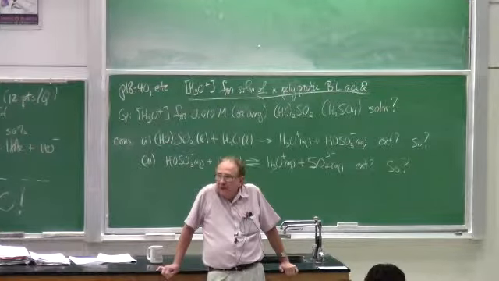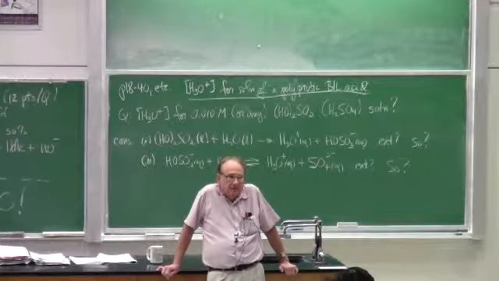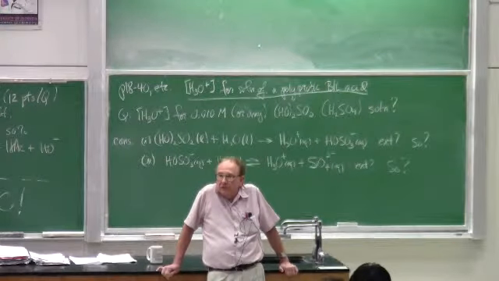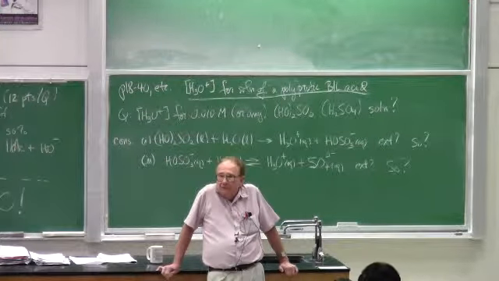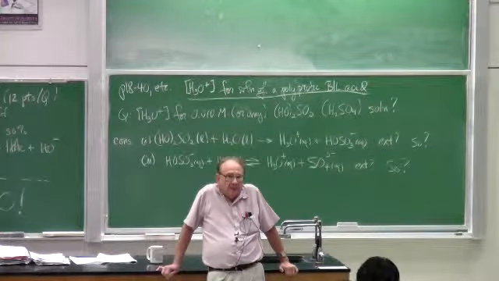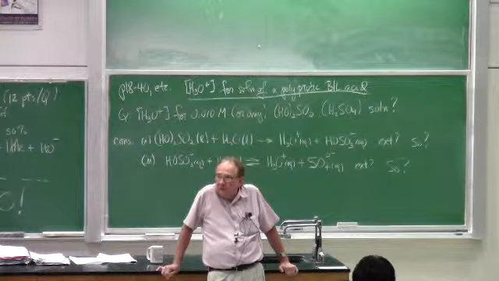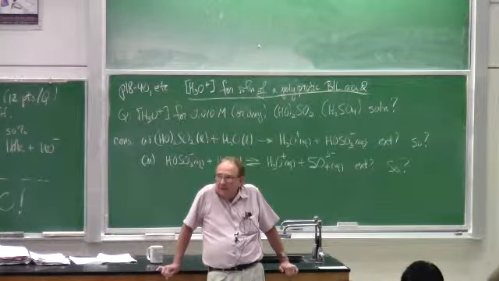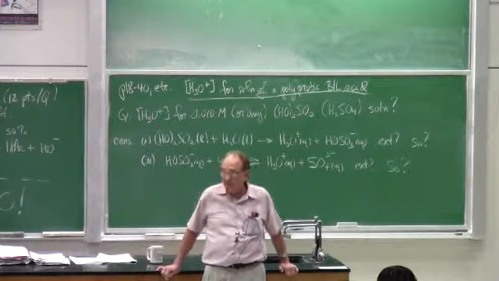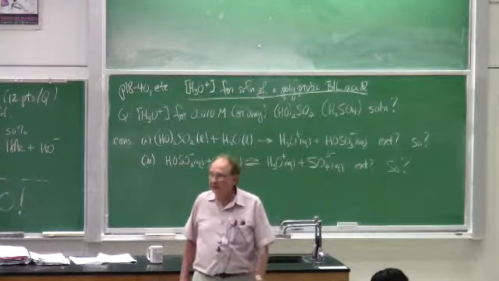Because under appropriate conditions, a molecule of sulfuric acid will react so as to give more than 1 mole of H plus. Under specific appropriate conditions, we can get a mole of sulfuric acid to give away 2 moles of H plus. That makes it diprotic.